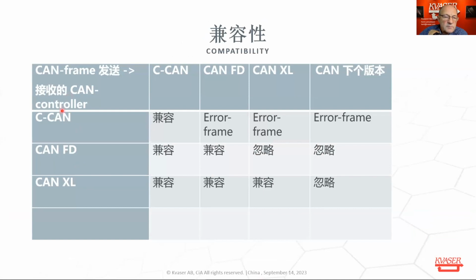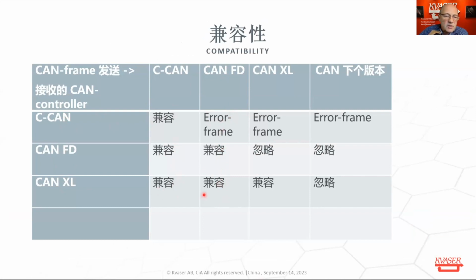Today we have three different CAN controller types, and classical CAN frames can of course be received by all of them. When we send CAN-FD frames, classical CAN controllers will send errors, but both CAN-FD and CAN-XL controllers can receive them.